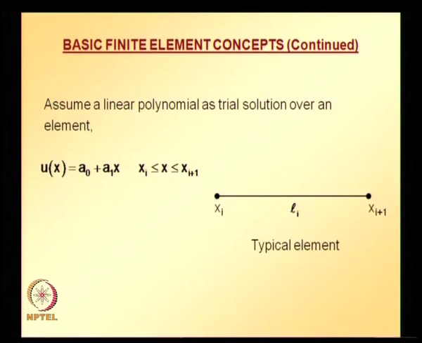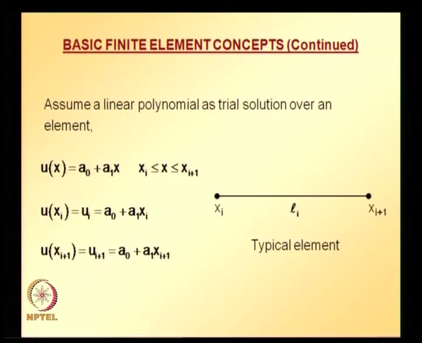Substituting those into this equation, the first equation is u evaluated at x equal to xi is ui, that is equal to a naught plus a1 xi. The second equation, u evaluated at x equal to xi plus 1, is ui plus 1, equal to a naught plus a1 xi plus 1. So, now you have two equations and you can solve them for a naught and a1.